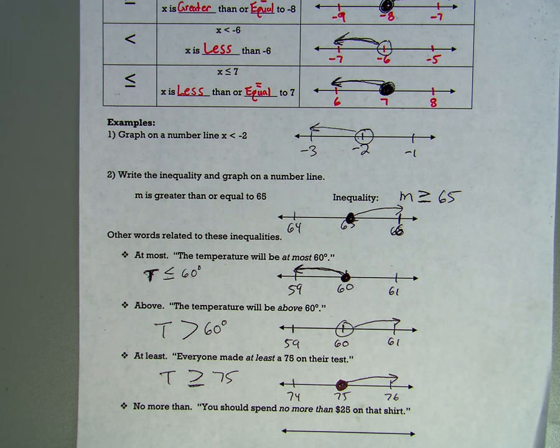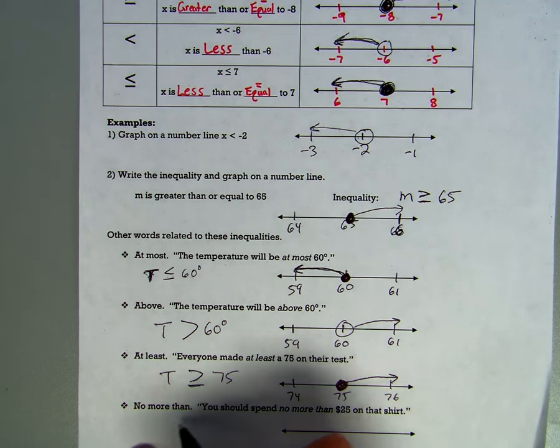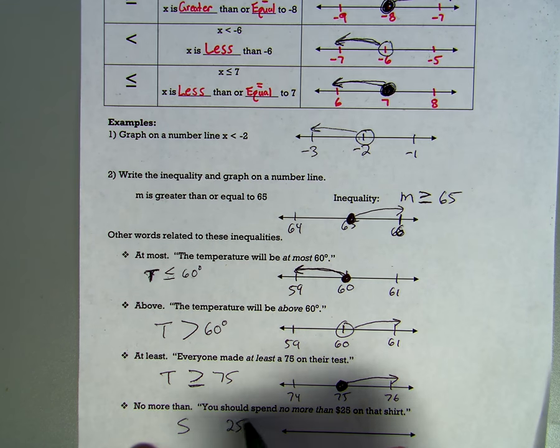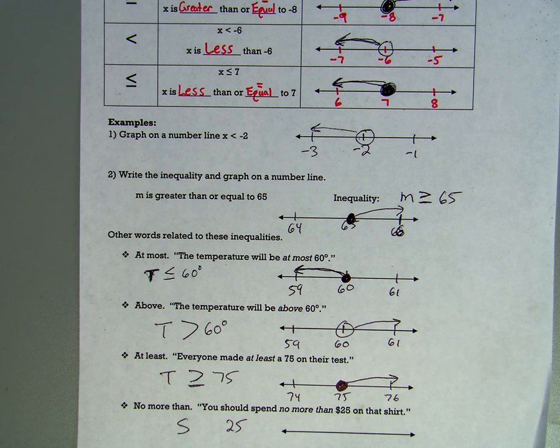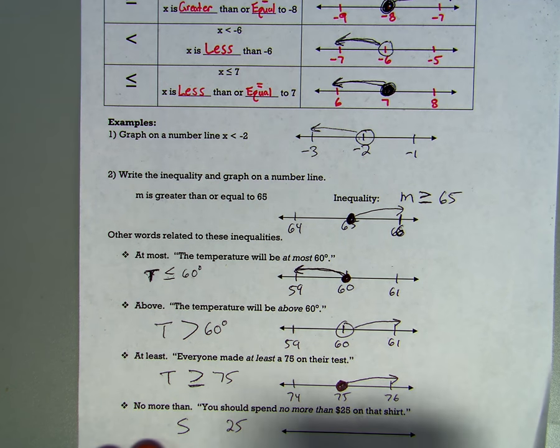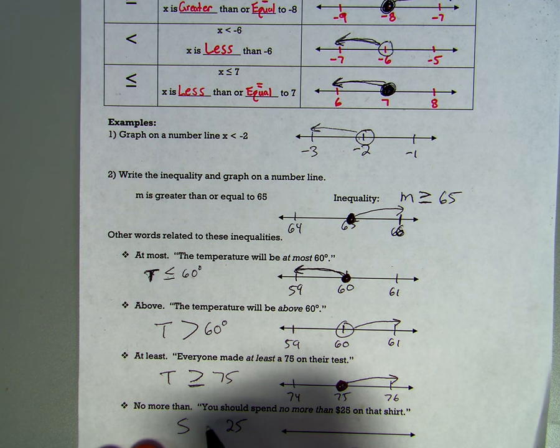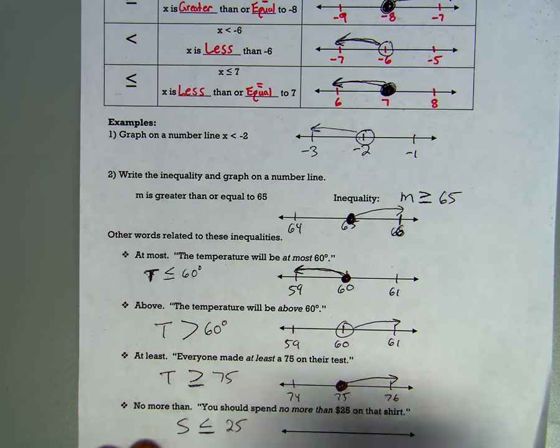Last one, no more than. You should spend no more than $25 on your shirt. So we'll put S for shirt, and we'll put 25 on that side. We don't want to spend any more than 25. So can we spend 25? Yes. We can spend 25, but we can't spend any more than that. So it's going to be a less than or equal to.